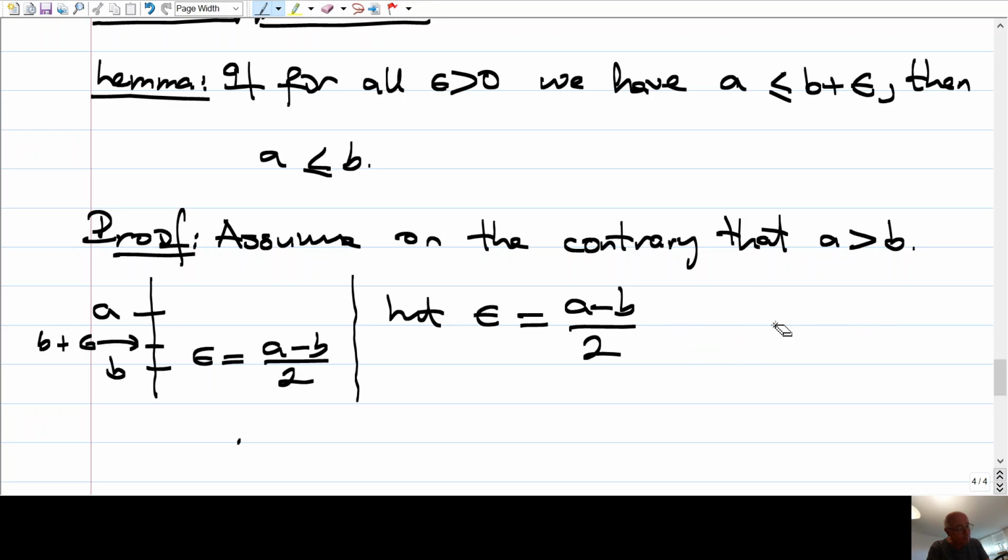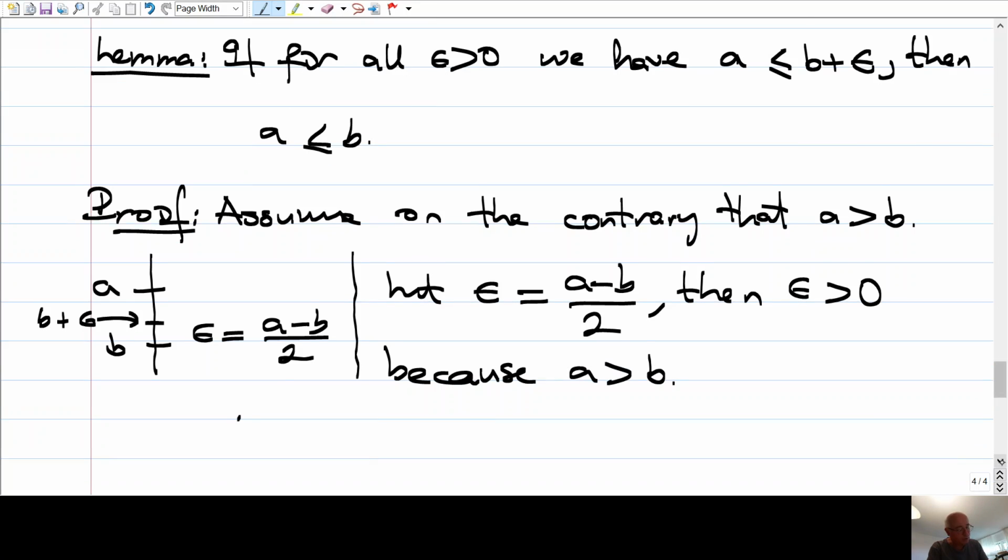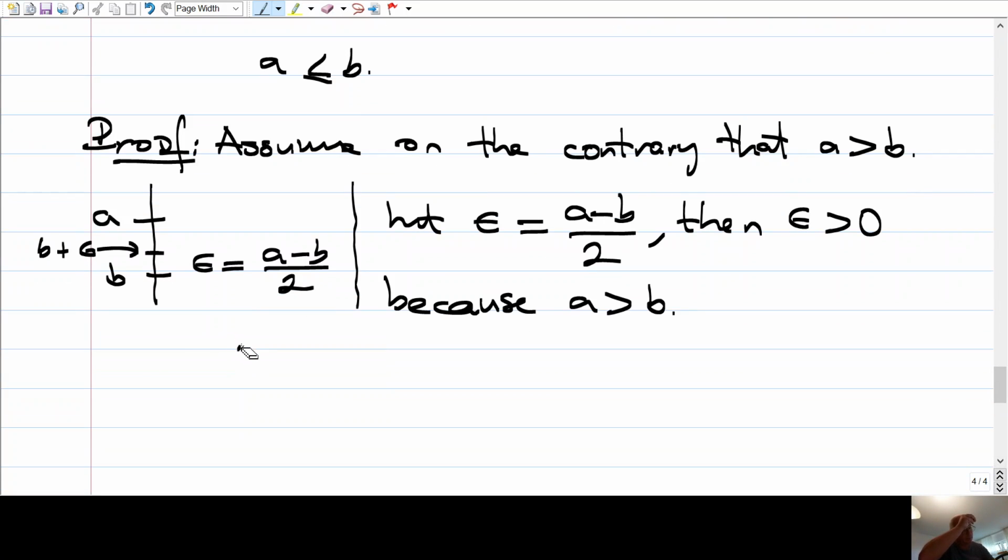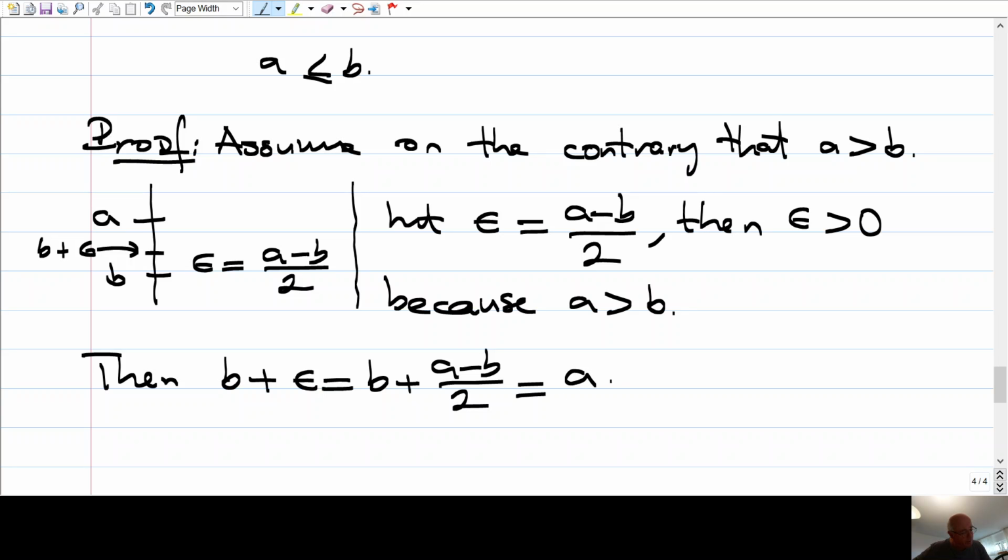Then epsilon is positive because A is larger than B by assumption. But then what is B plus epsilon? Well, B plus epsilon is B plus A minus B over 2. So this is just A plus B over 2.